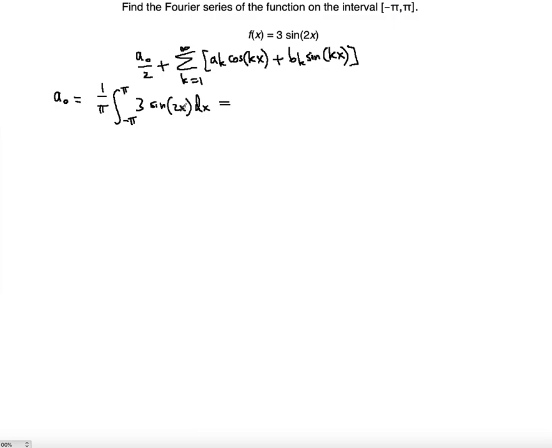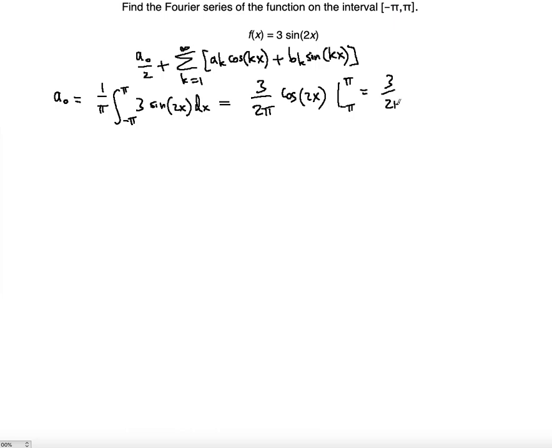Using the u substitution, u is 2x, du is 2 dx, so you will need 1 over 2. Let's put the 3 outside, so 3 over 2 pi, negative cosine of 2x from negative pi to pi.